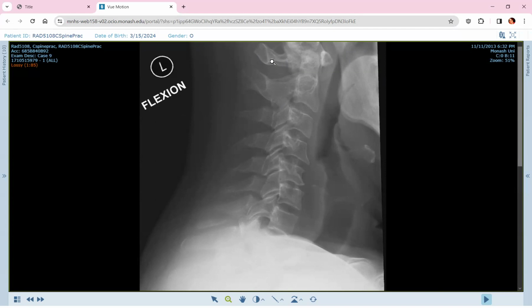But if we look at the spinous processes, so that's 1, 2, 3, 4, 5, 6, 7, we can see that there is a fracture of the C7 spinous process. That fracture is an avulsion fracture of the spinous process. It has an oblique appearance, and this is very typical of clay shoveler's fractures. These fractures can also be vertical, or can also affect C6, so C6 and C7 are quite common areas for clay shoveler's fractures.